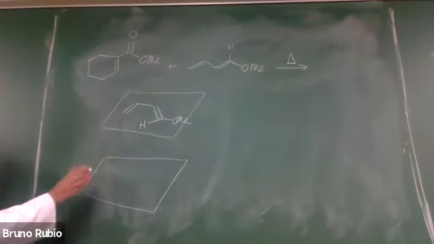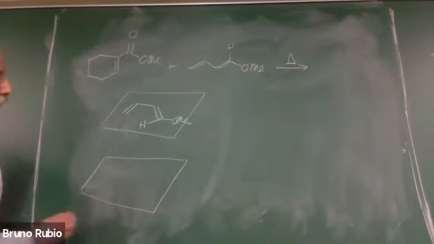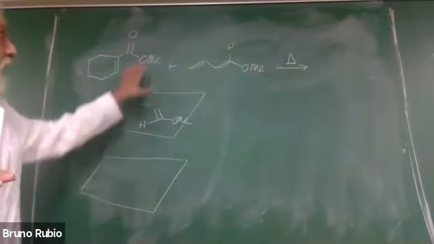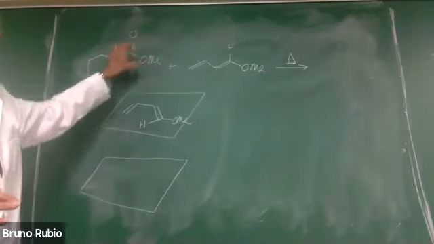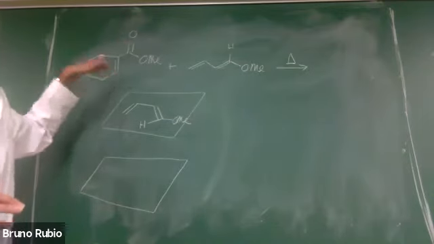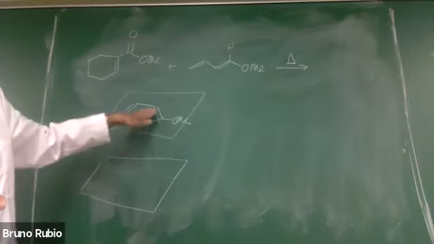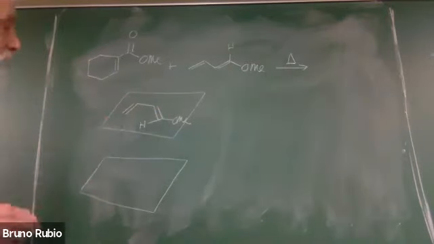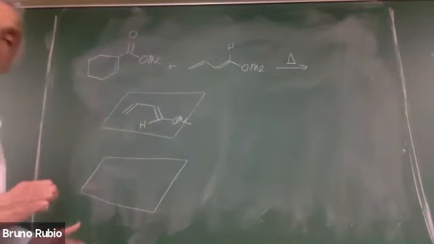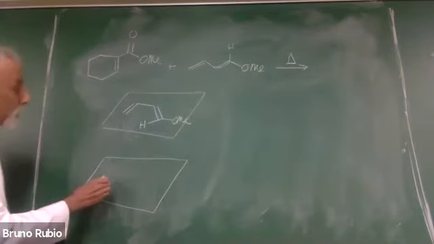And also remember that the electron withdrawing group of the dienophile has to be tucked under the diene. So how can I make all of that happen on this little tabletop?